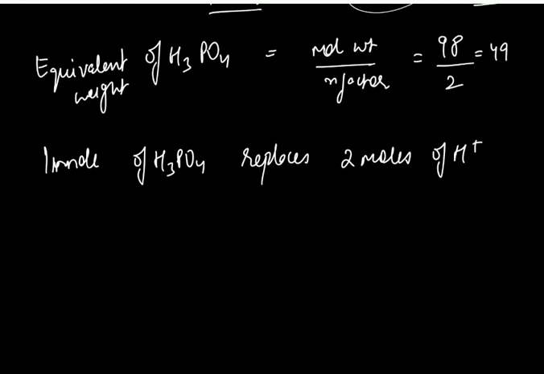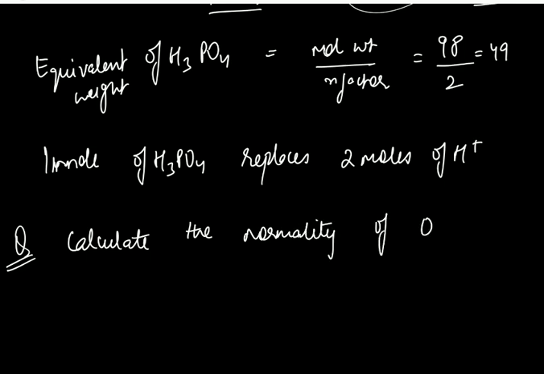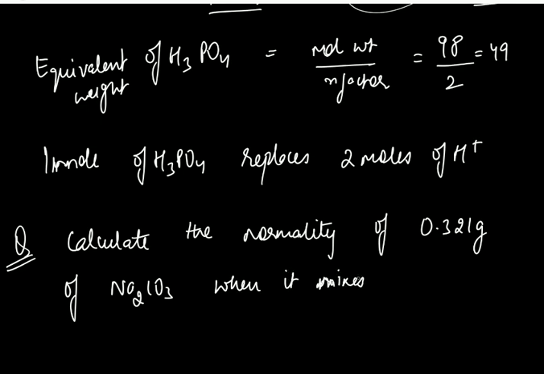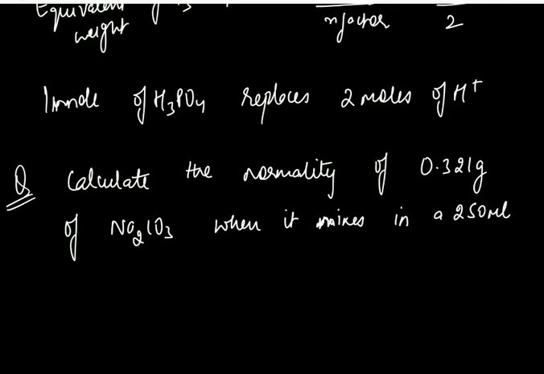So one more question related to normality we will take, if we have a direct question. Calculate the normality of 0.321 gram of sodium carbonate when it is mixed in a 250 ml solution.